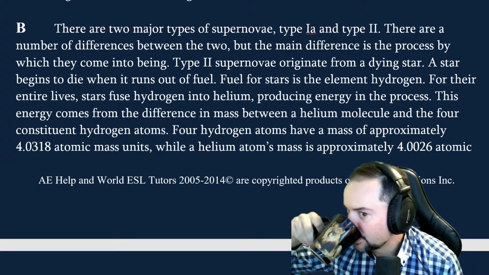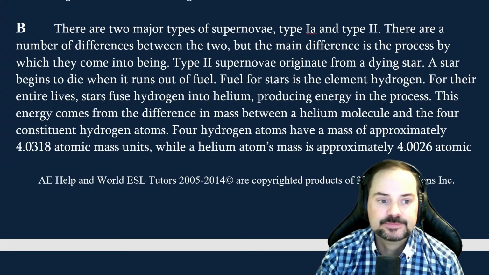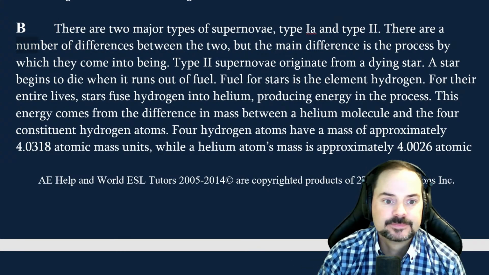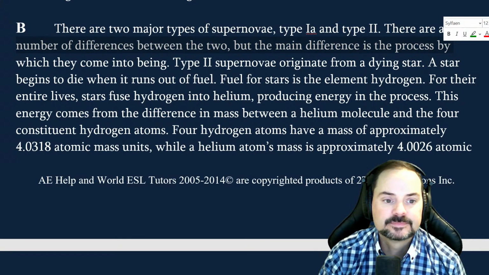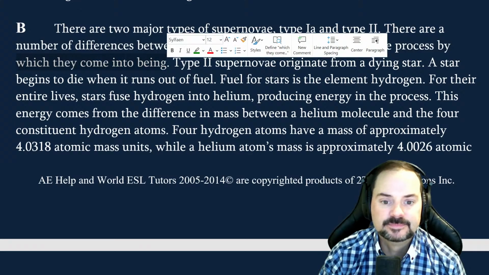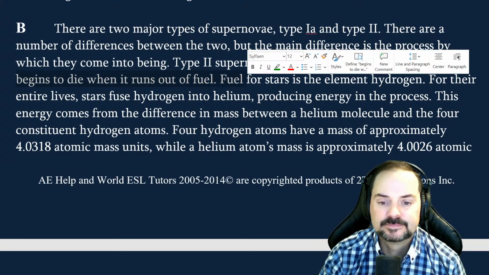There are two major types of supernovae, type 1a and type 2. There are a number of differences between the two, but the main difference is the process by which they come into being. Type 2 supernovae originate from a dying star. A star begins to die when it runs out of fuel.